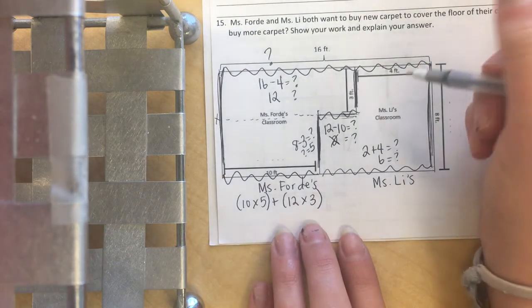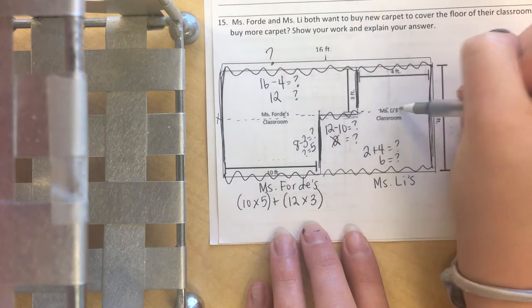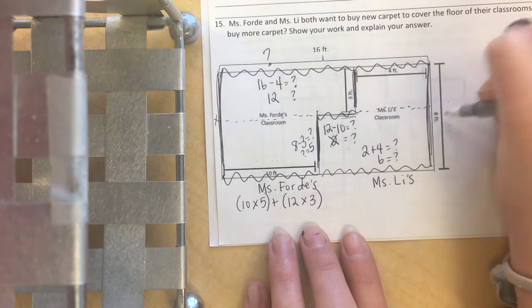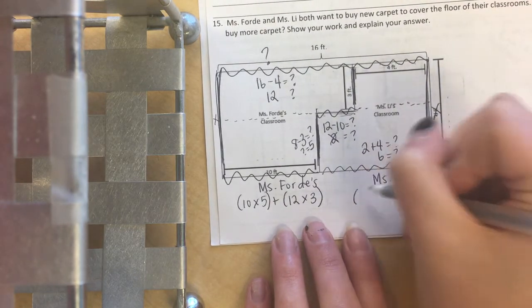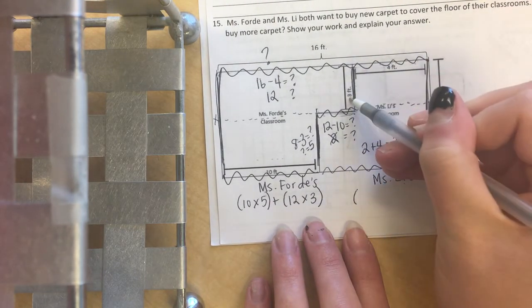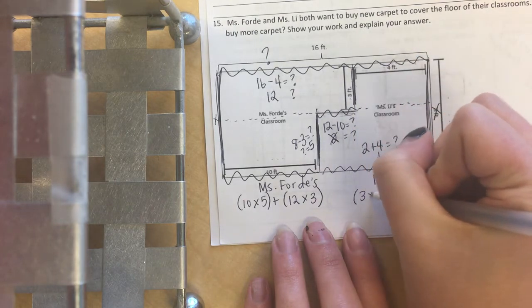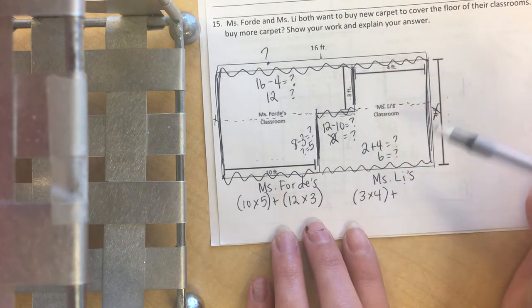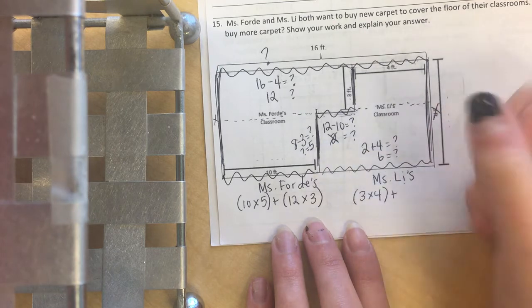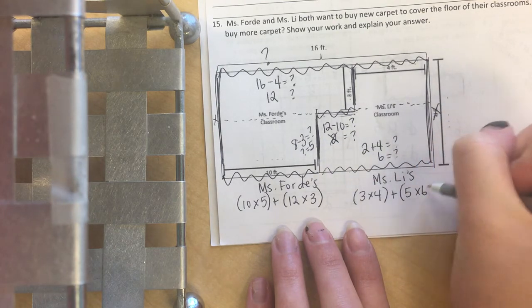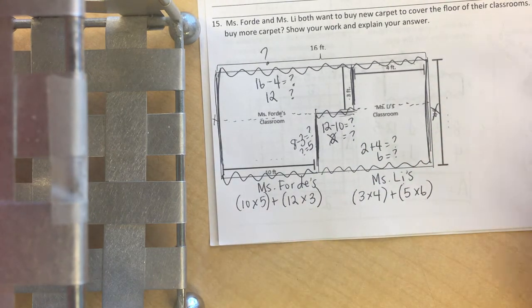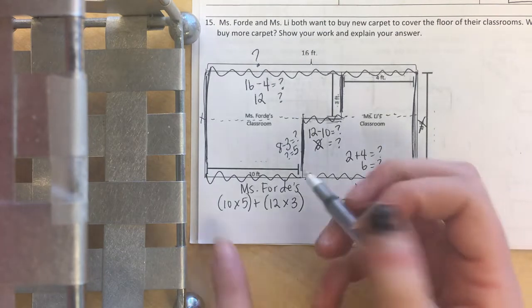So a 2-area equation I could write, if I'm cutting from here, I'm going to again cross out my 2 and my 8. And I can see for Miss Lee's room, we're going to do 3 times 4 plus 5 times 6.